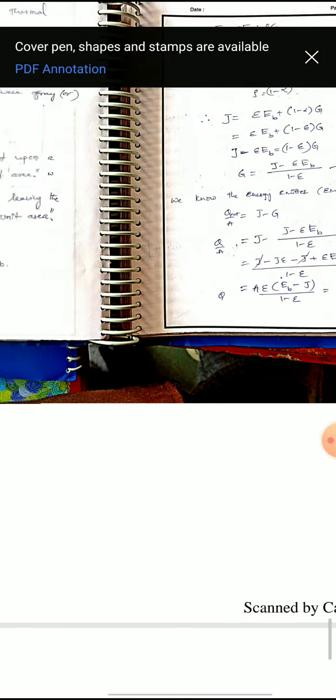Substitute G, and we get Q is equal to, in the form, Eb, the emissive power of the black body, minus radiosity J, by 1 minus epsilon by A epsilon. So this relation will give a conclusion. Let us see.